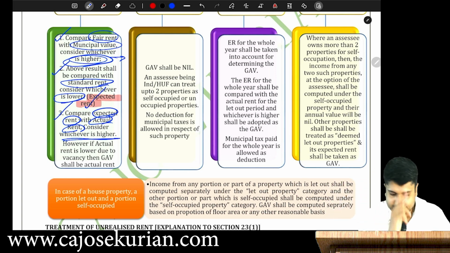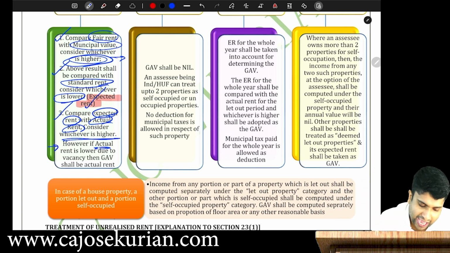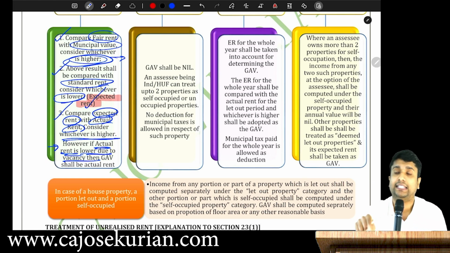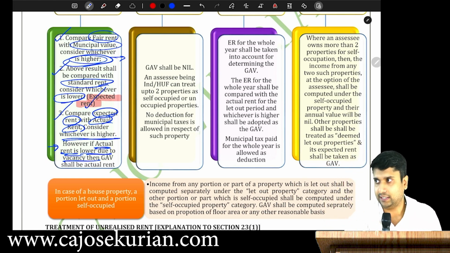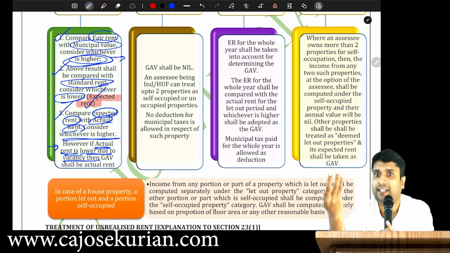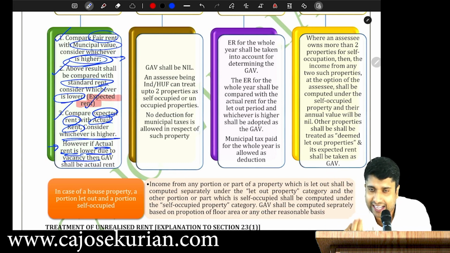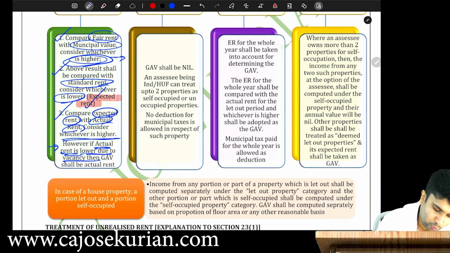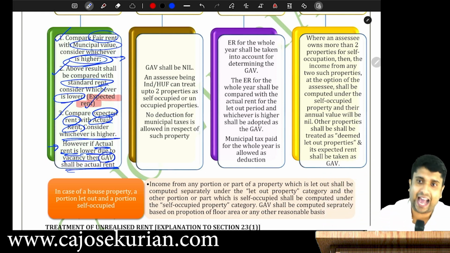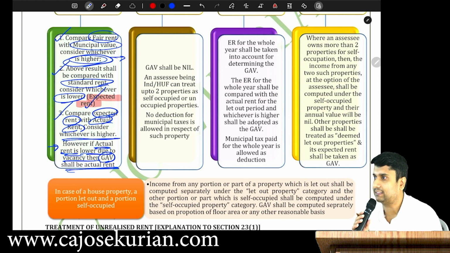But one thing is there. If the actual rent is lower due to vacancy, that means your tenant vacated the property and you are expecting a new tenant. The property is completely vacant, and due to that vacancy your actual rent came down. In that case, the GAV shall be the actual rent itself, even if it is less.